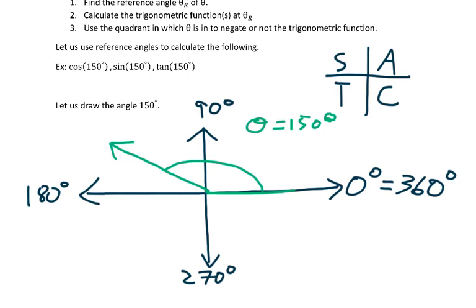So we want theta sub r, right? Theta sub r is the reference angle here. If you remember, the way we get this angle is we take 180 degrees, this whole thing up here, and subtract off this part, which is 150 degrees.